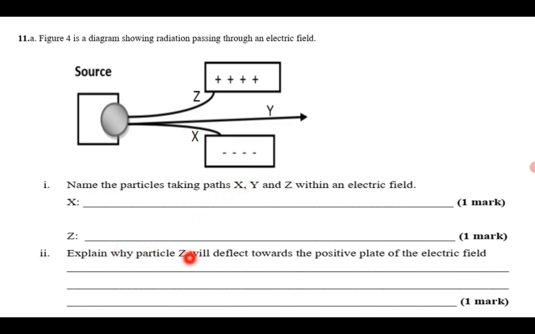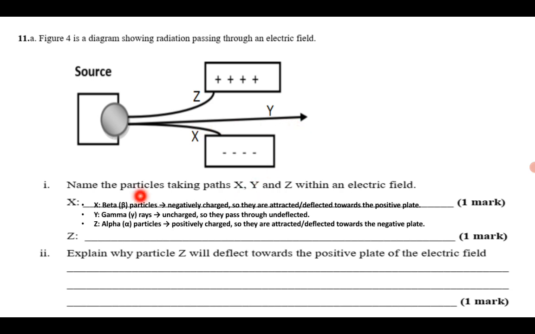Explain why particle Z will deflect towards the positive plate of the electric field. So I've already explained that one. All right, so just to go through again, Z is a beta particle because it's negatively charged, so it is attracted towards the positive end.